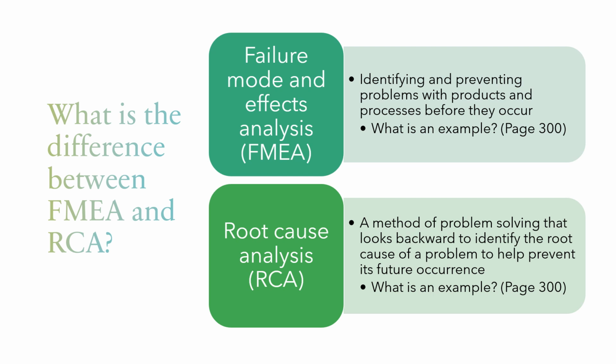On the flip side of that is what we call root cause analysis, or RCA. This is when there has already been a problem and now you have to backtrack to find where the problem occurred. So if you can identify the root cause where the problem initially happened, then you can prevent future occurrence.